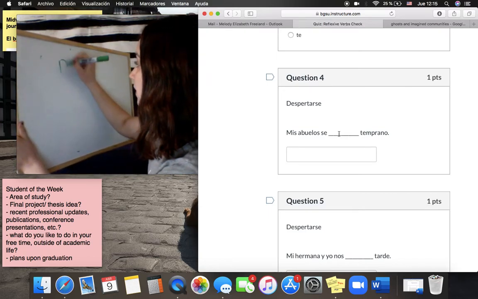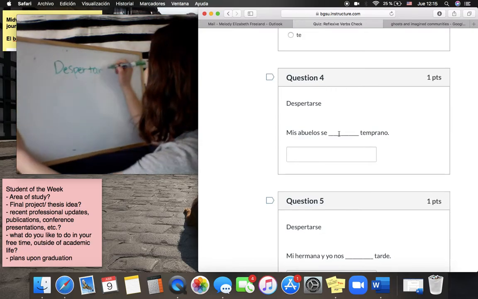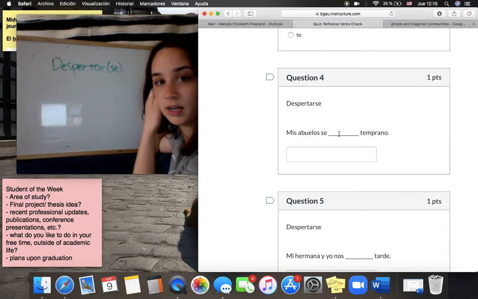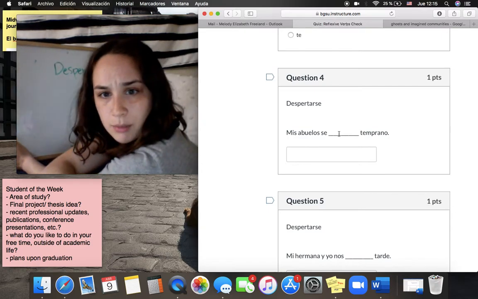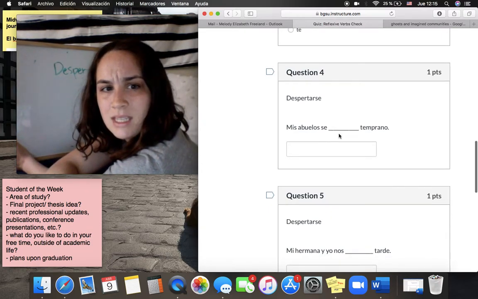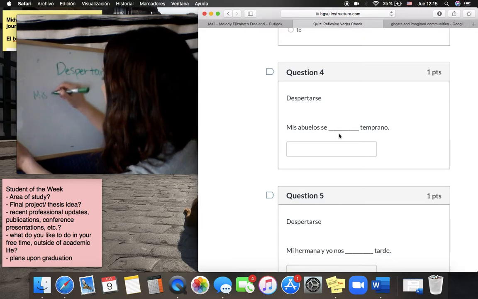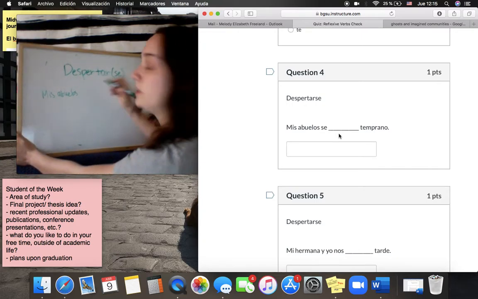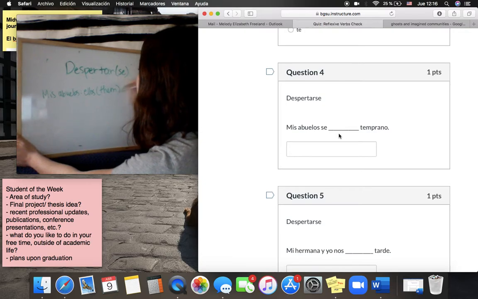Despertar. Let's put that SE to the side for just a hot second. So, in this case, number 4, it's talking about mis abuelos. So, mis abuelos is what technically? Well, that subject would be ellos, meaning them.